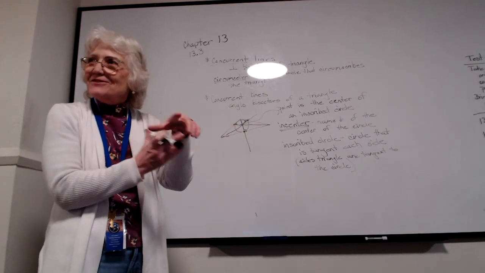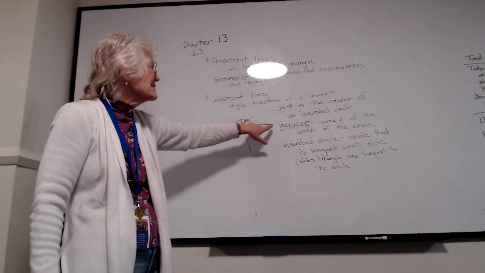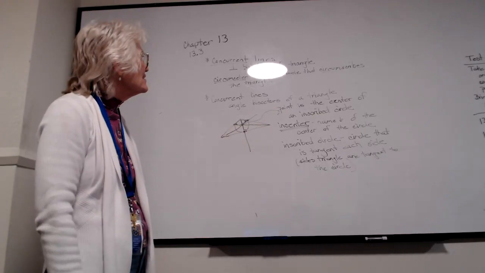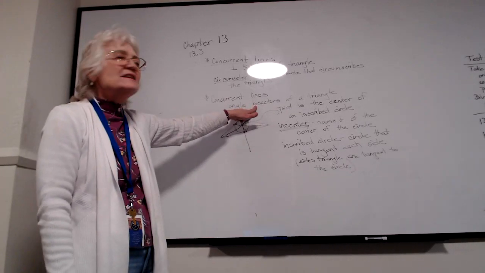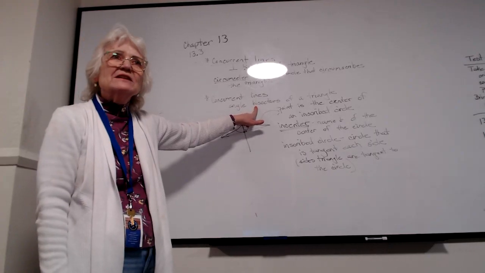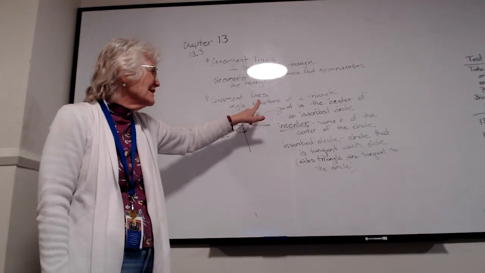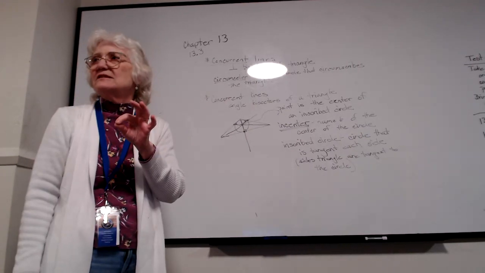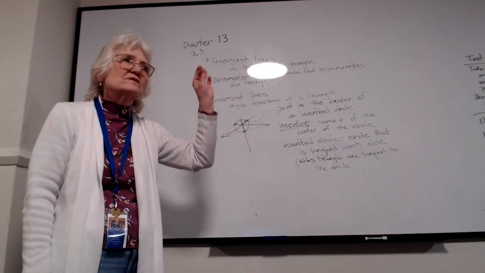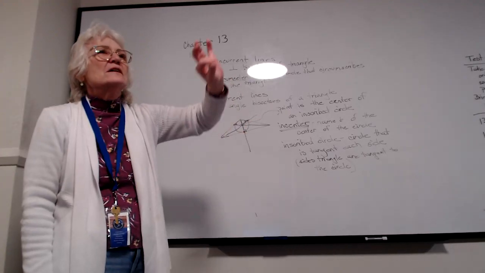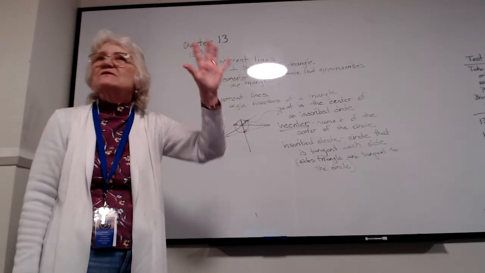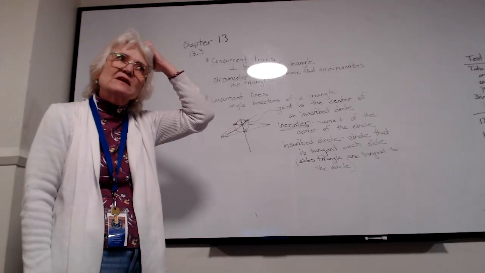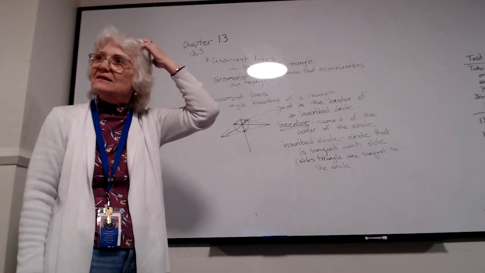It's inside the triangle. Its center is called the incenter. It's made by the angle bisectors being concurrent. And the inscribed circle is tangent, or the inside circle touches each line at one point, which makes those lines tangent. Okay, does that make sense?